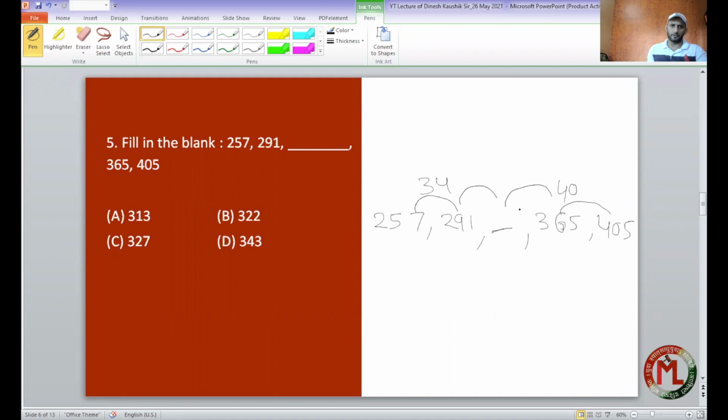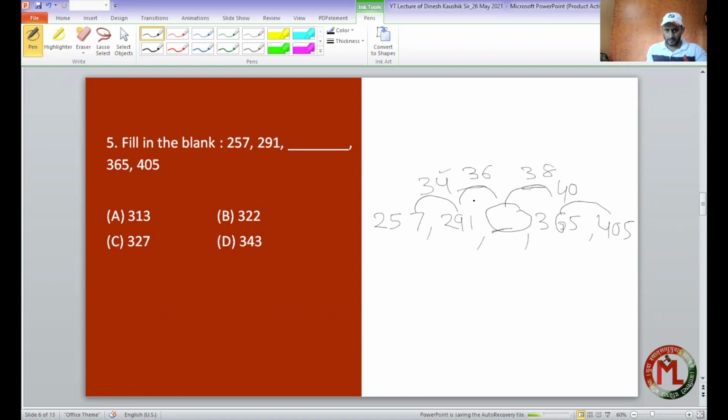Okay, beta. So there has to be a term which should be put here, and these two differences will also create a proper sequence, 34, 36, 38, something like that. So let us try this: 34, 36, 38, 40.